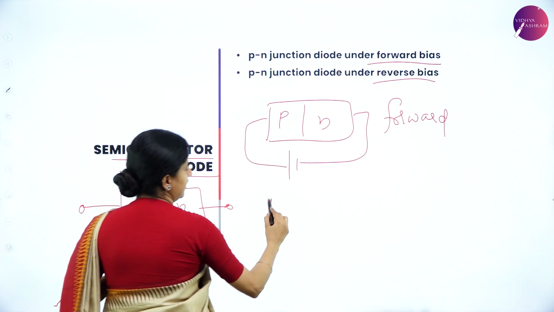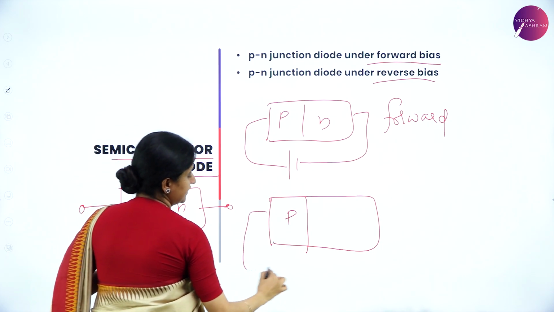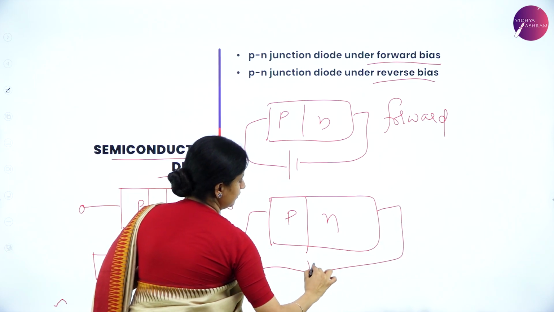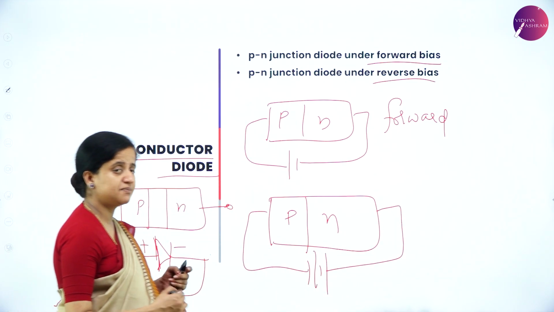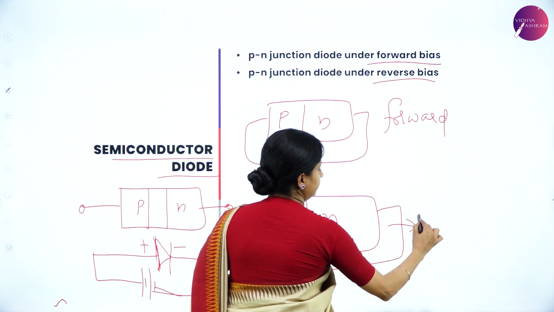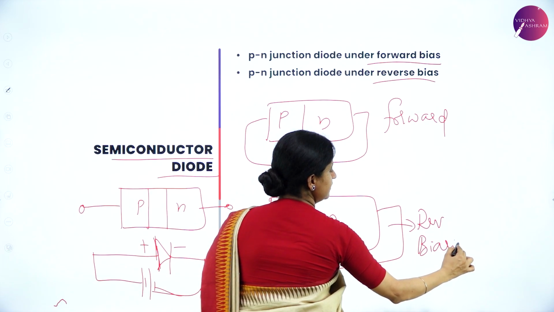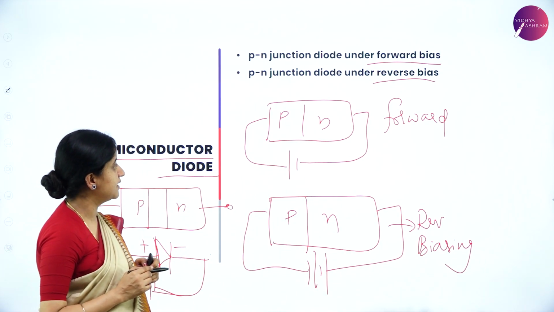Similarly, if the p side of the junction diode is connected to the negative terminal of the battery and the n side is connected to the positive terminal of the battery, it is said to be reverse biased. So this is the basic difference between forward biasing and reverse biasing.